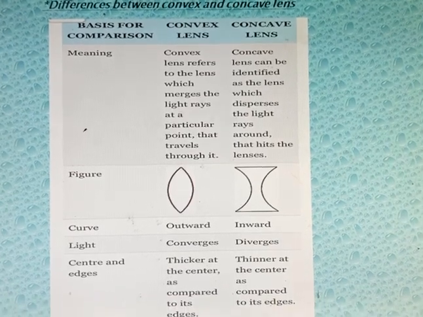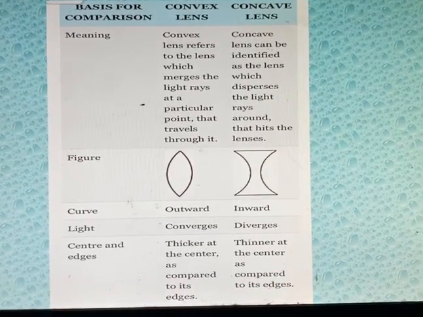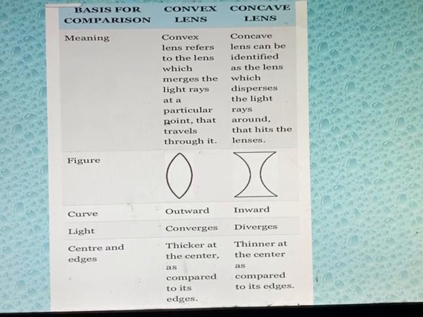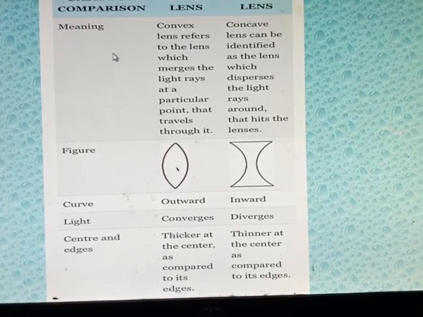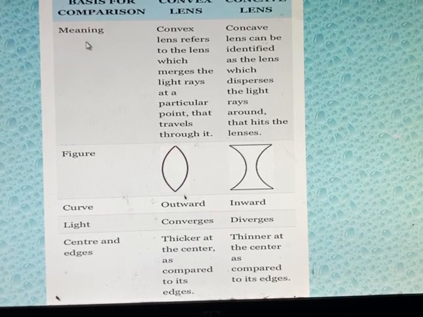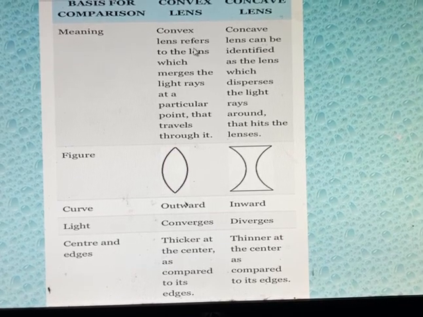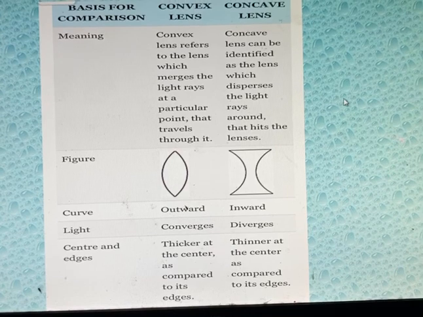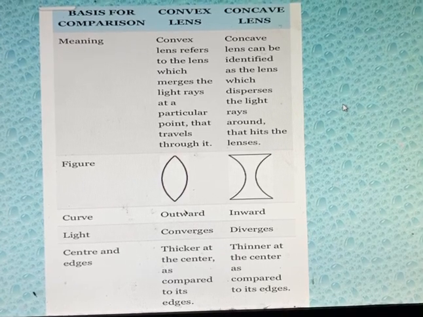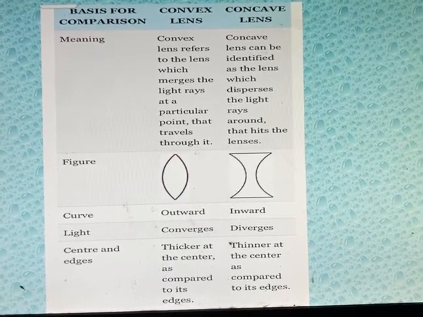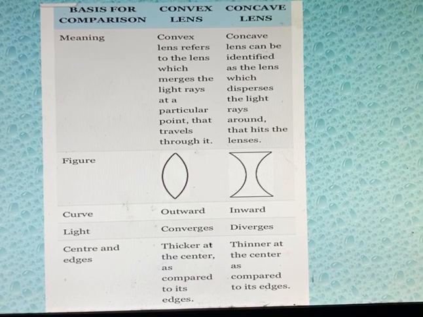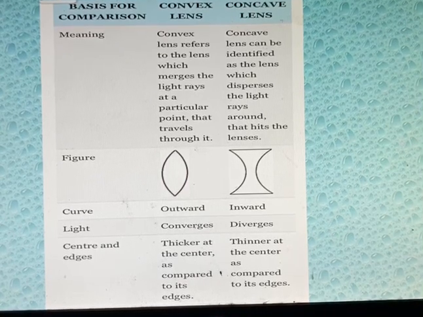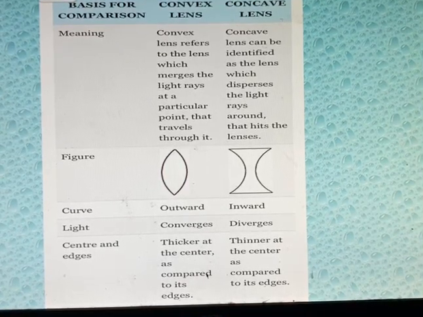Now we need to know the basic differences between convex and concave lenses. Convex lens refers to the lens which merges the light rays at a particular point that travel through it, whereas concave lens can be identified as the lens which disperses light rays that hit the lens.